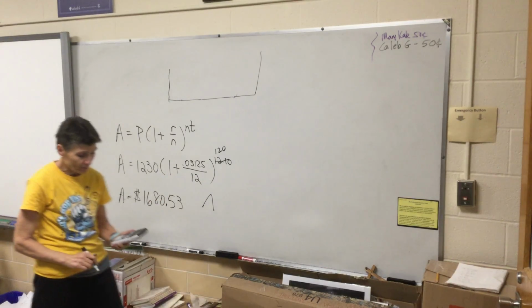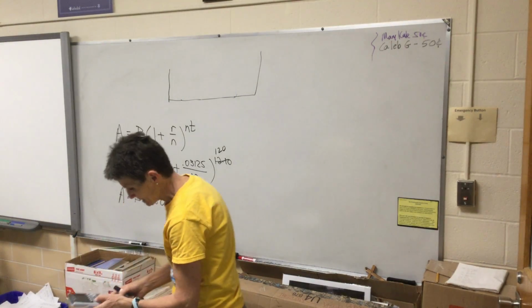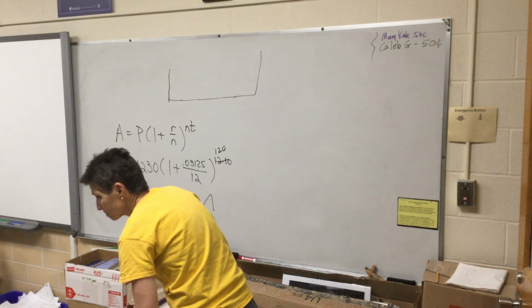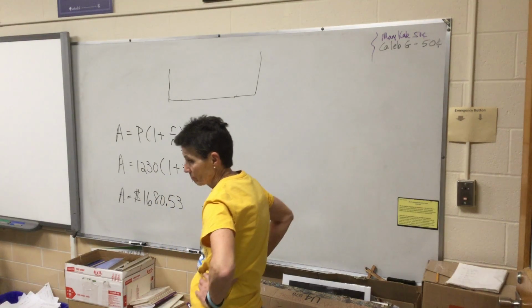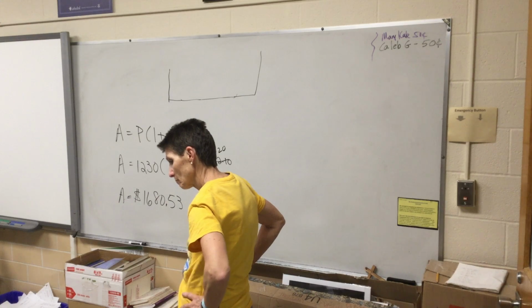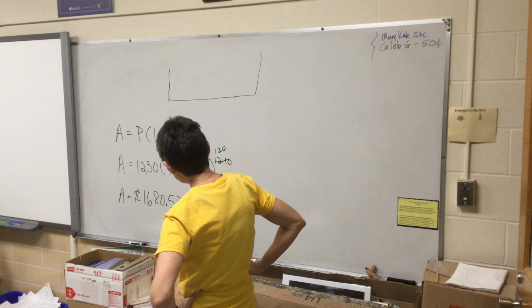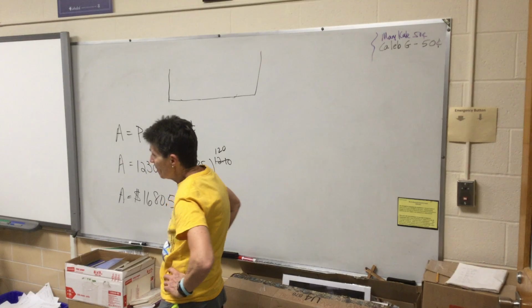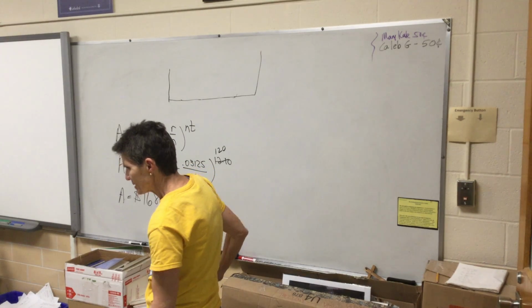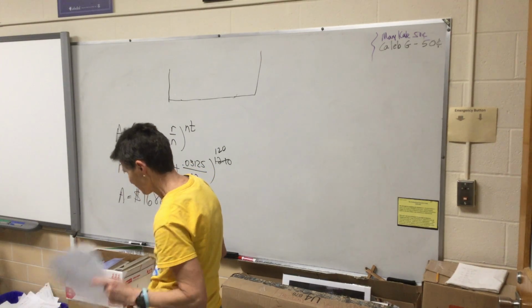I got $1,680.53. Sometimes there can be questions about rounding, but never in a money problem, right? Cents is about as far as we can go.